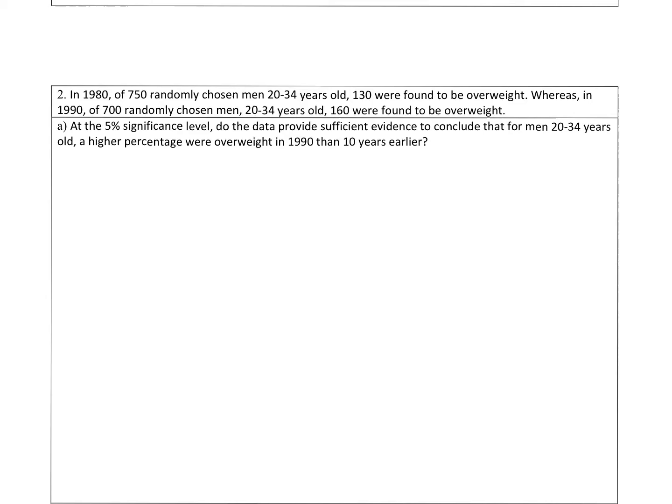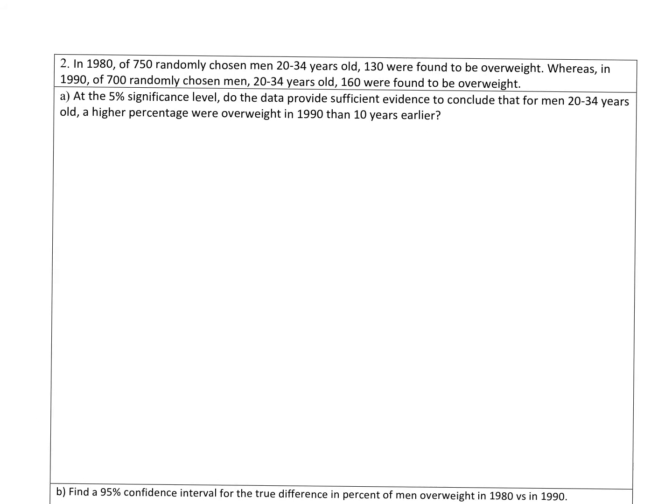Okay, number 2, let's do this. In 1980, of 750 randomly chosen men 20 to 34 years old, 130 were found to be overweight, whereas in 1990, of 700 randomly chosen men 20 to 34 years old, 160 were found to be overweight.